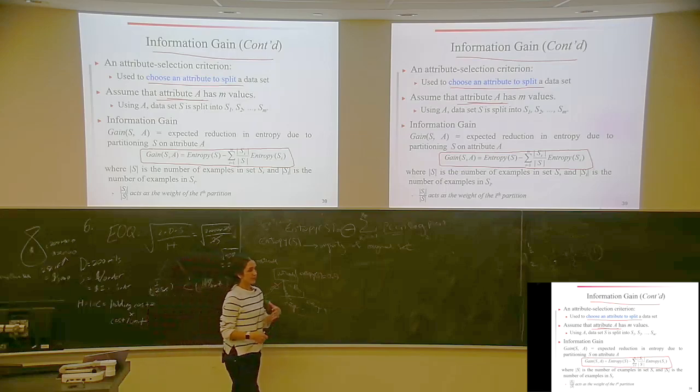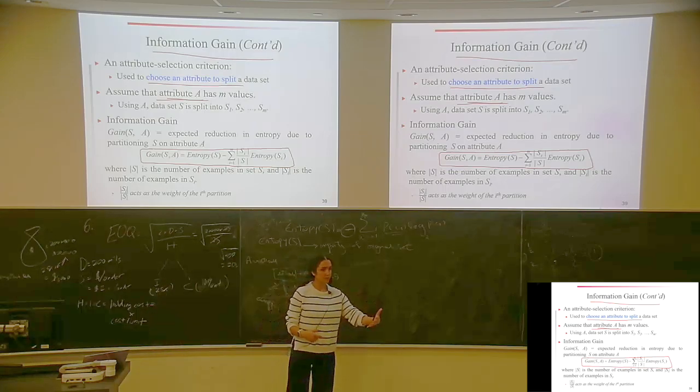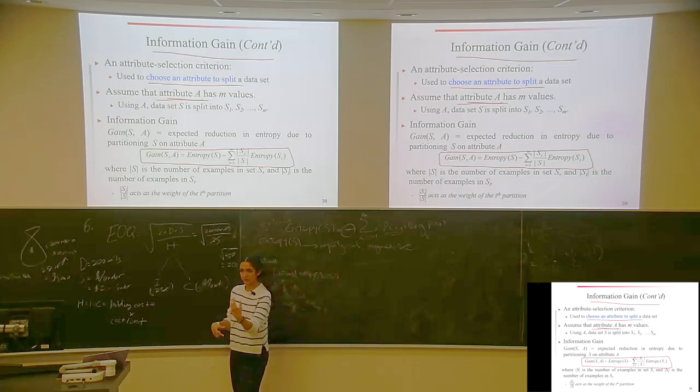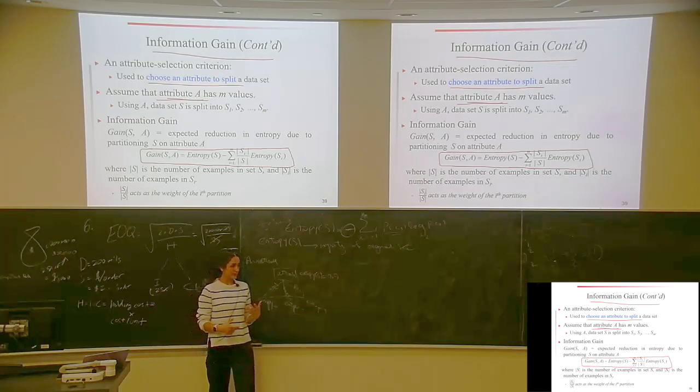So the more we can reduce impurity, it means we are resulting in purer sets, right? That's the outcome we want.